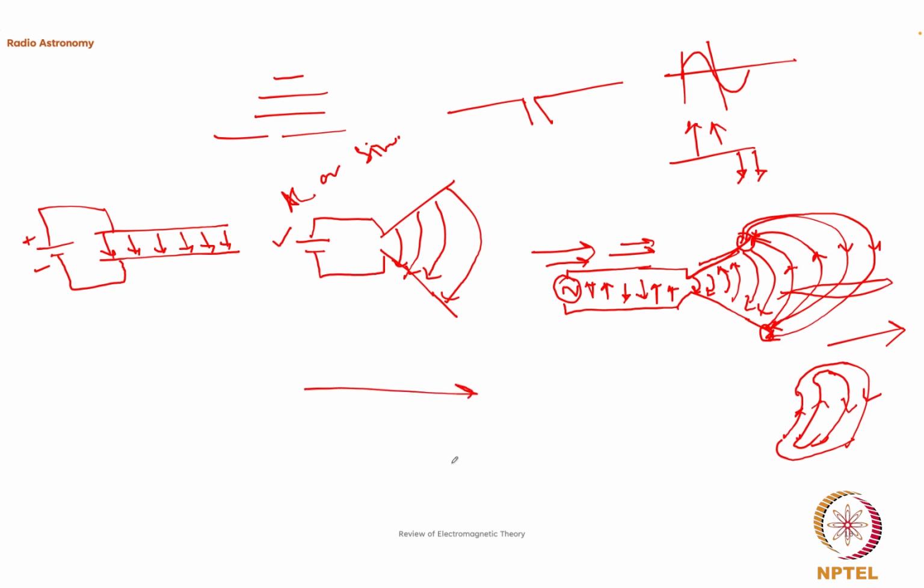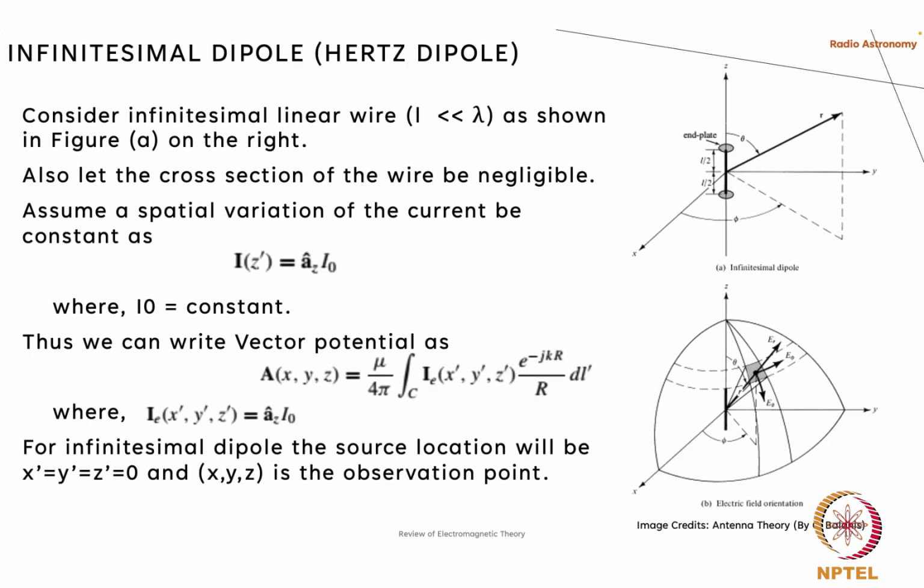Now let's see how the equations turn out for this. We will take the infinitesimal dipole, or Hertz dipole, as an example here. We have a dipole of length L, which is very much less than the wavelength.